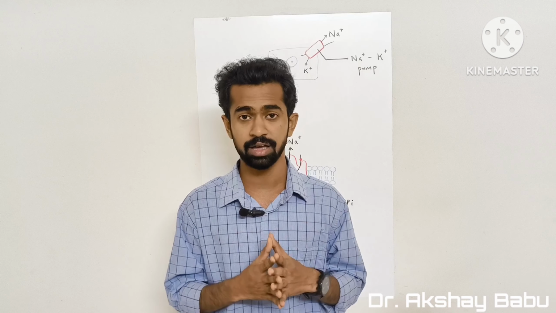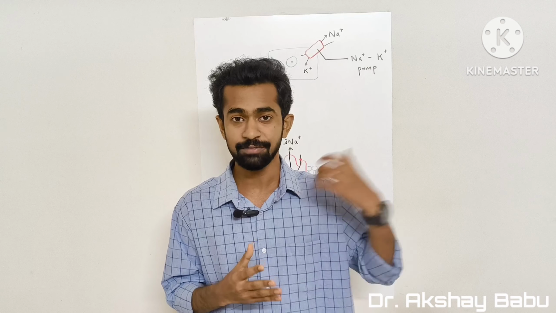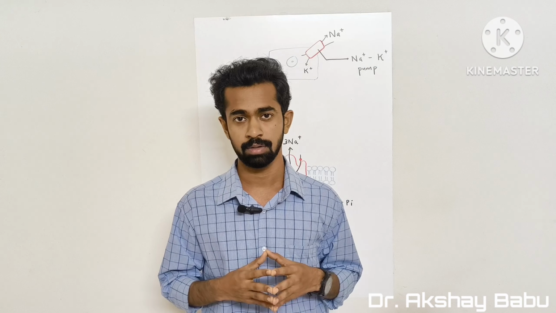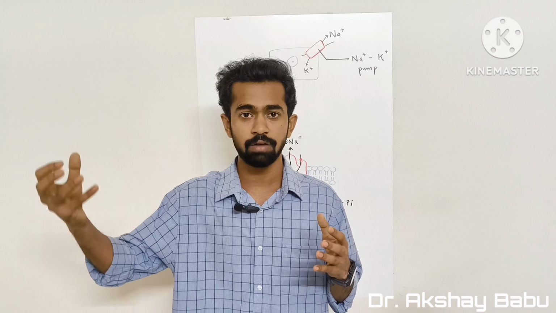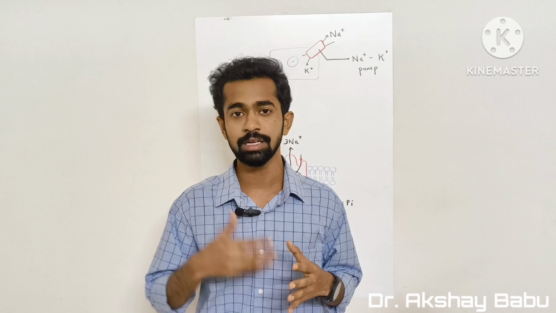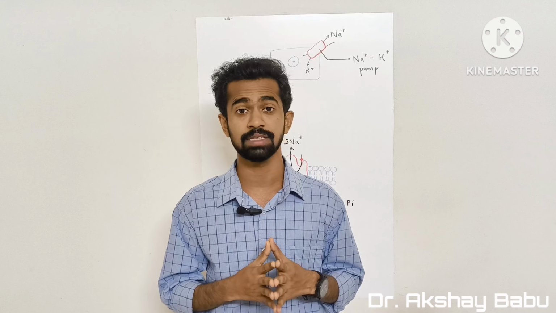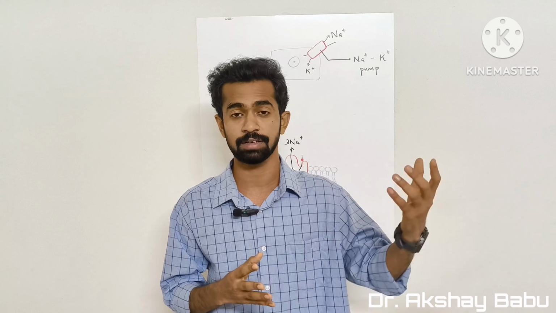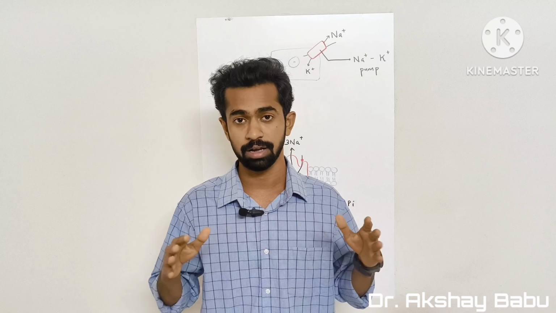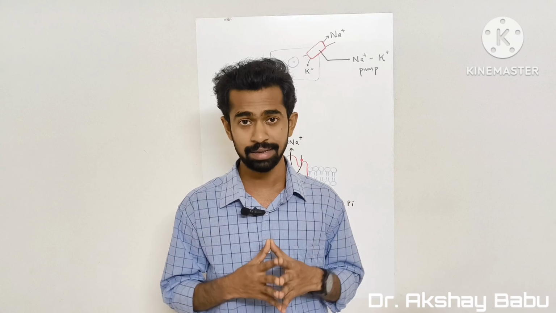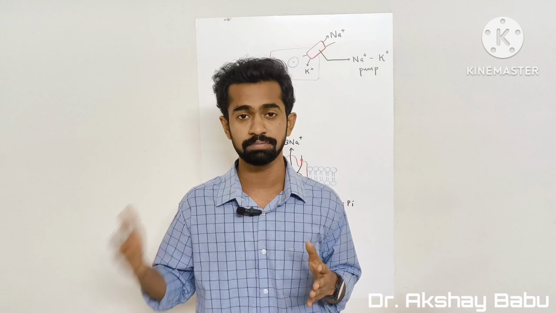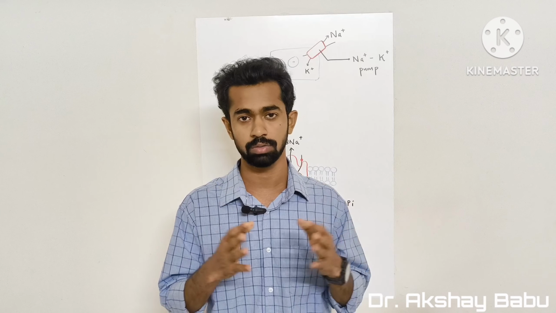At the same time, massive potassium efflux also occurs. This massive intake of sodium ions leads to a depolarized state, and at the same time, this massive potassium efflux leads to a repolarized state. For restoring this balance, sodium-potassium pumps play a major role.